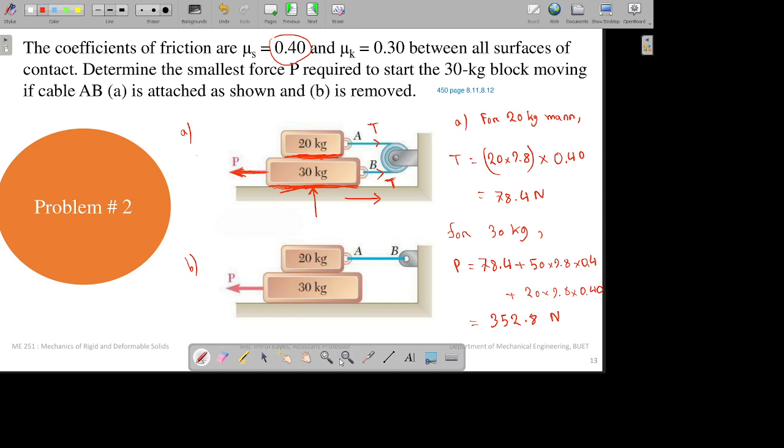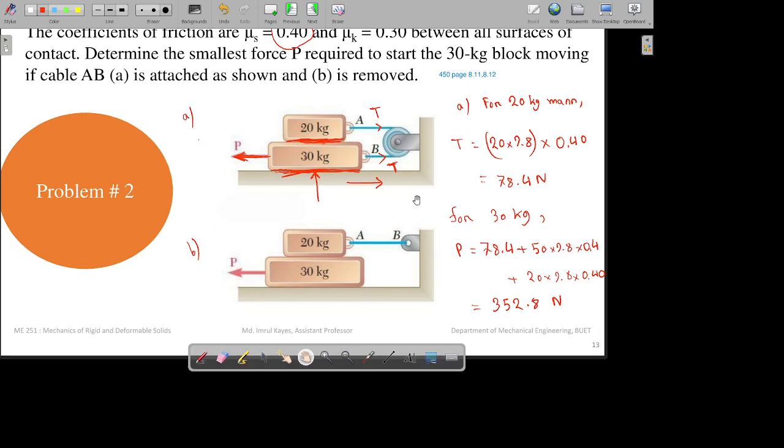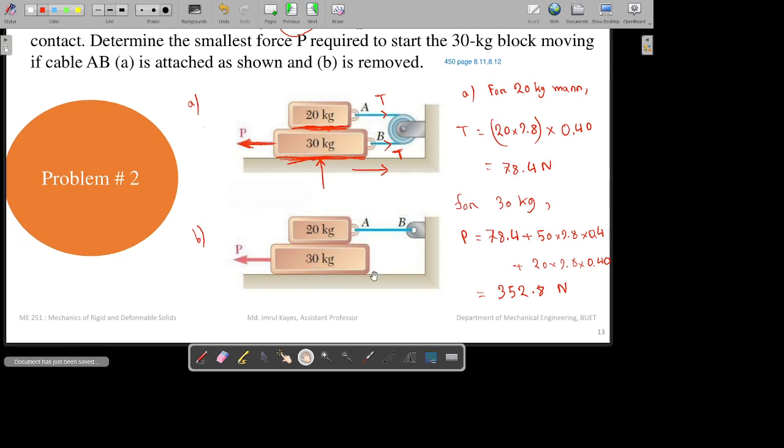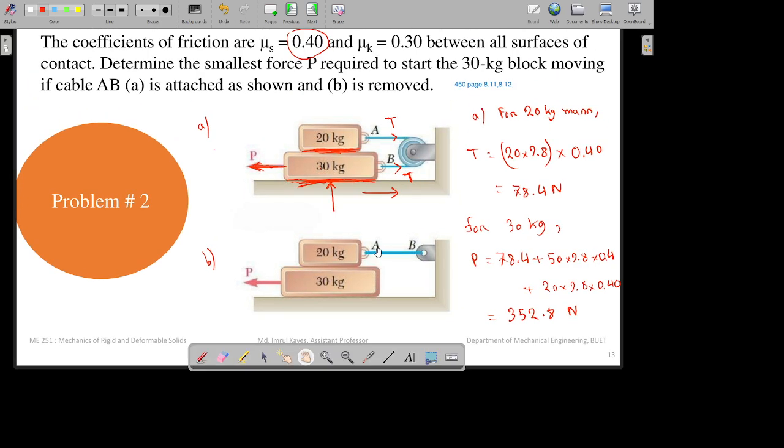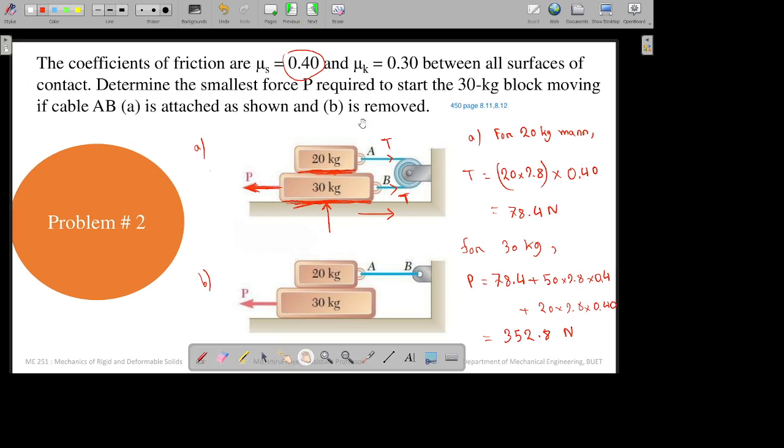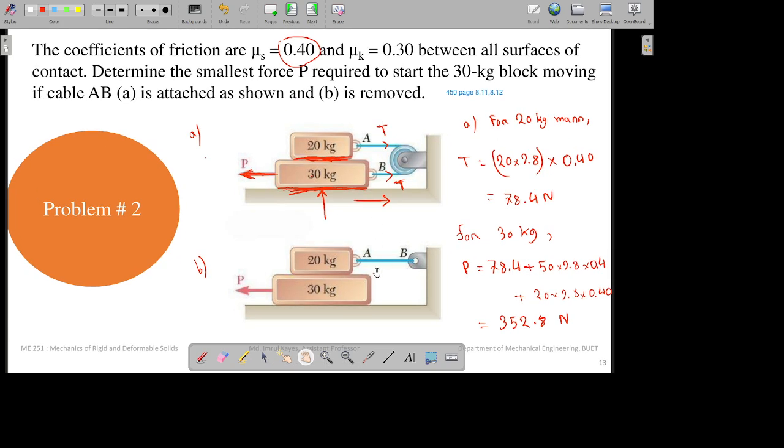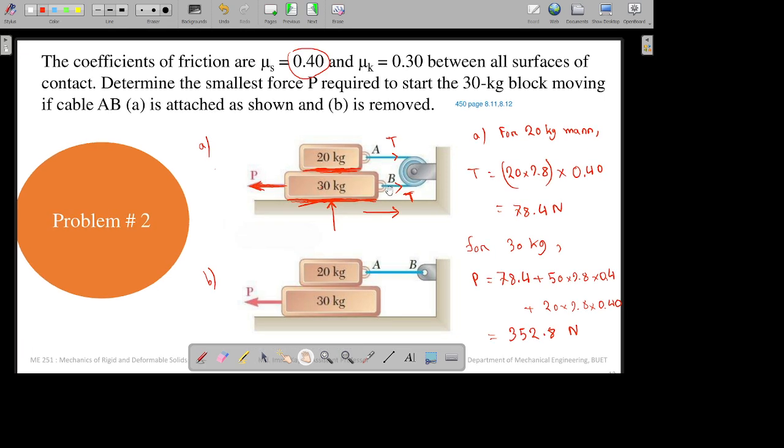Now let's move to question B. Now, as we have solved question A, the next part is very easy for us. Now B is removed. What is removed? The rope over here is removed. You can see over here.